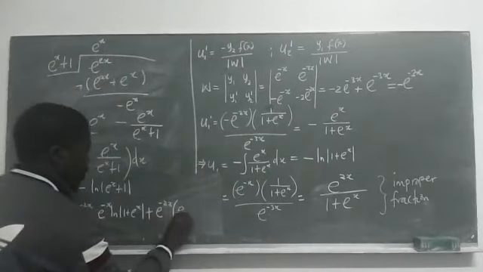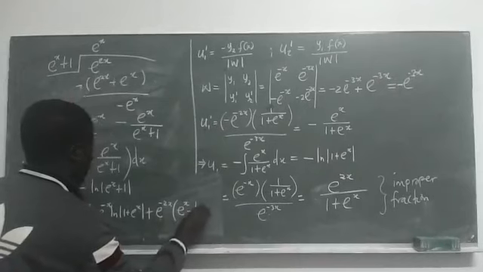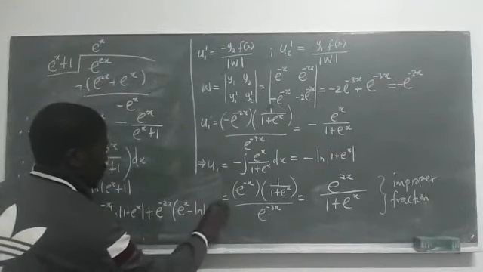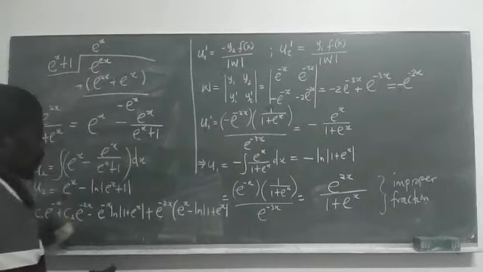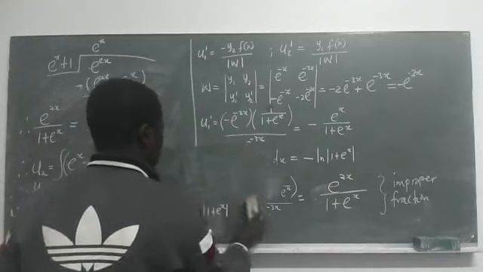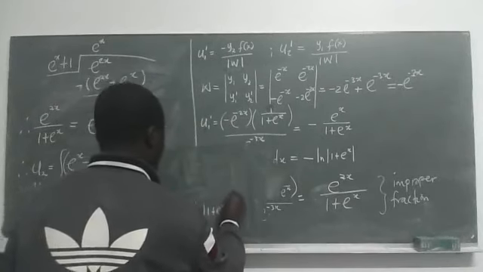It's going to be e to the x minus ln modulus of that, close that bracket.